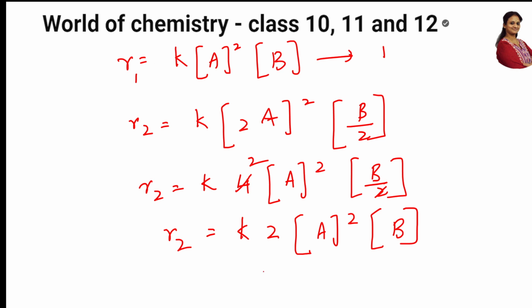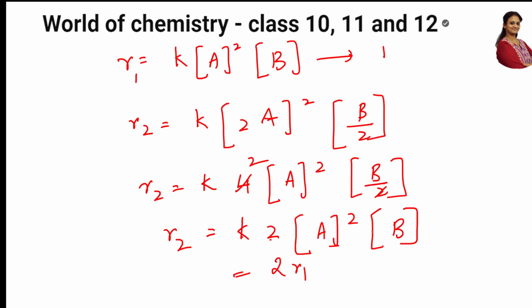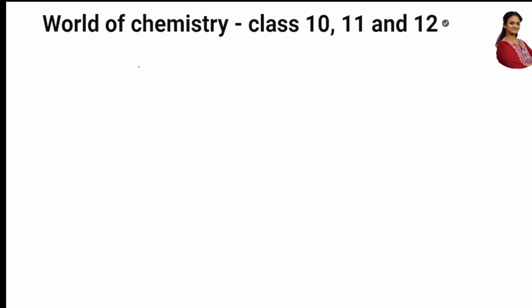So what is this rate, students? What is this equal to? That's nothing but twice of R1, right? R2 is equal to 2 A squared B, which is equal to twice of R1, correct? Twice of R1. Go back. Now before we write, why did I write this as twice of R1?